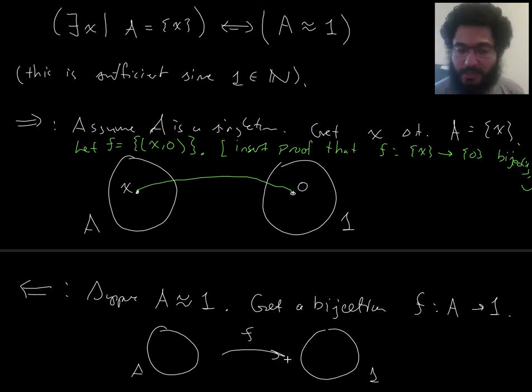But down here I don't immediately know what the contents of A look like, but I know I've got this bijection, and I know the contents of 1. 1 is the singleton of 0. So given the bijectiveness of F, can you come up with an element here, and then can you prove that it's the only element? If you can do that, then you would prove that A is a singleton.